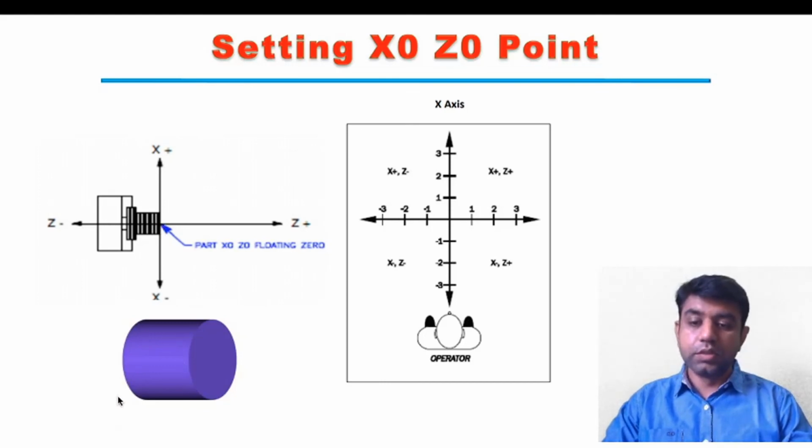So this particular point acts as the x0 z0 point. If we draw the axis, then from x0 z0 the left segment will be minus z, and this is the plus z direction. In the same way, the upward direction will be plus x, and downward towards the operator will be minus x. So for each and every new object, every time we need to set this x0 z0 point physically on the machine, right?